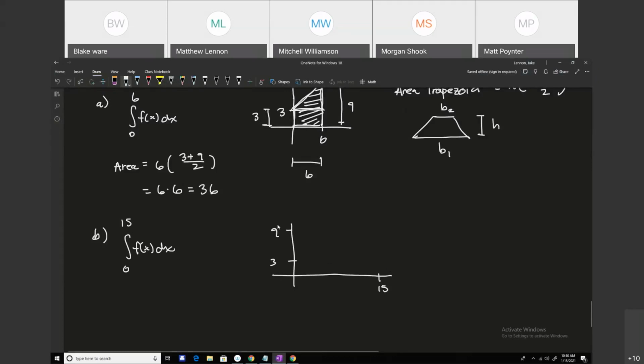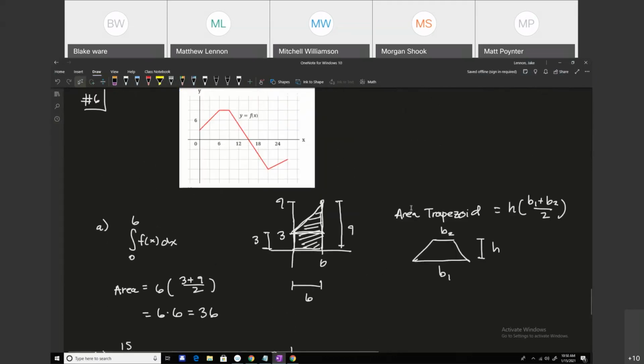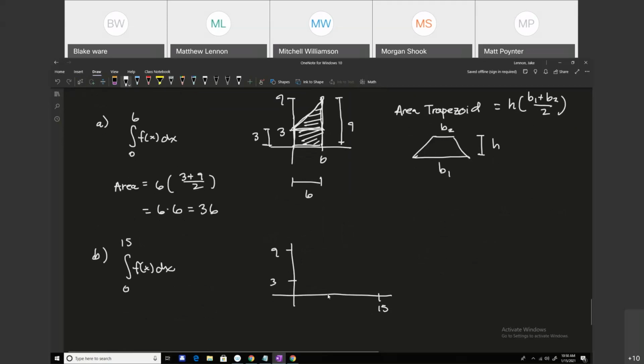So we go up to 9, and we're at height 9 from 6 to 9. And then it shoots back down. So again, this is not precise. I'm just trying to get an approximation of what's going on. So we've got this guy. This is parallel to the x-axis, and then we go down to 0.